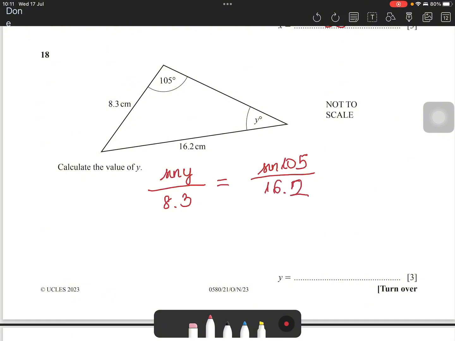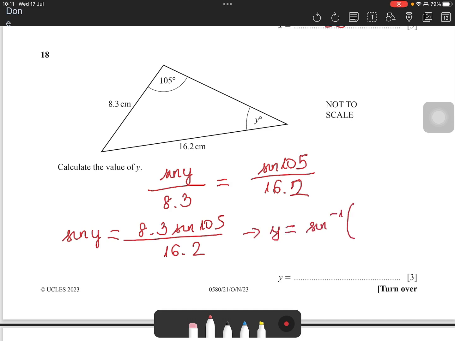So to find the value of sin y, we multiply 8.3 by sin 105, then we divide by 16.2. And finally, to get the value of y, we find the inverse of sin of 8.3 sin 105 over 16.2. So the answer is 29.7.